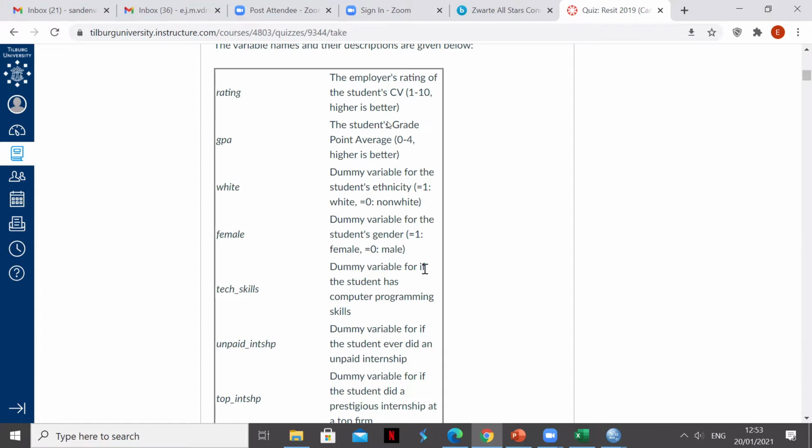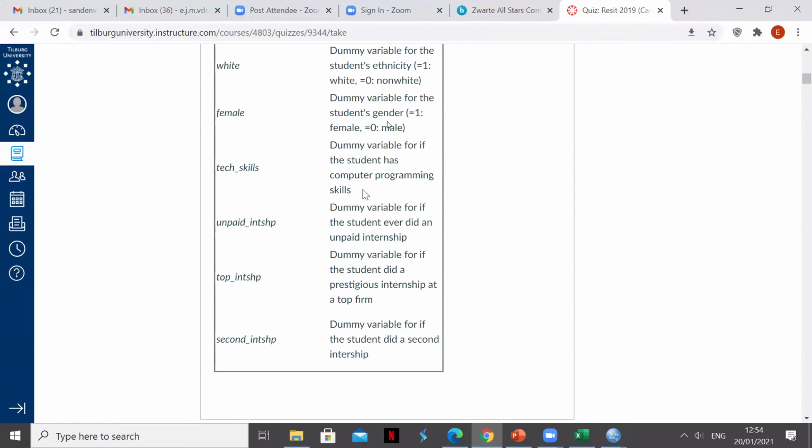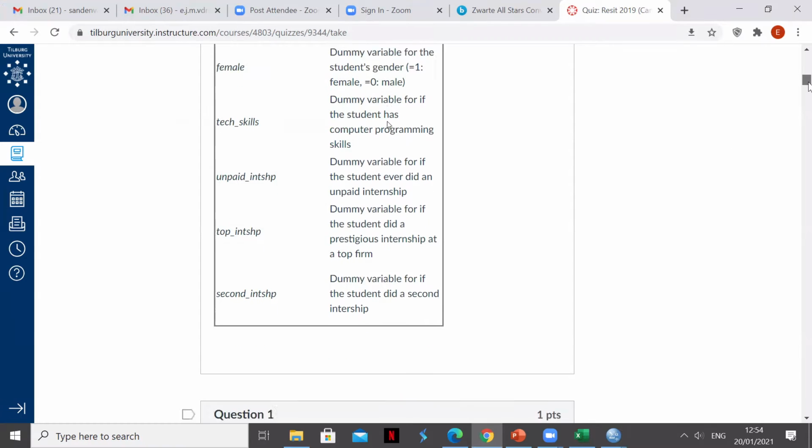Tech skills, dummy variable for if the student has computer programming skills. We have unpaid internship, dummy if the student ever did an unpaid internship, top internship if it was a prestigious internship at a top firm, and second internship if he or she did a second internship. All right, so that is our data.